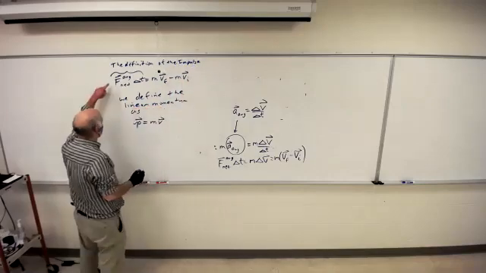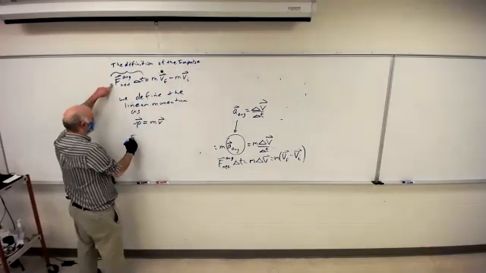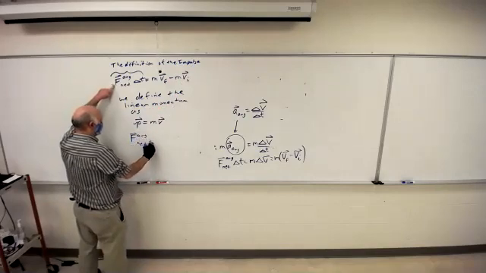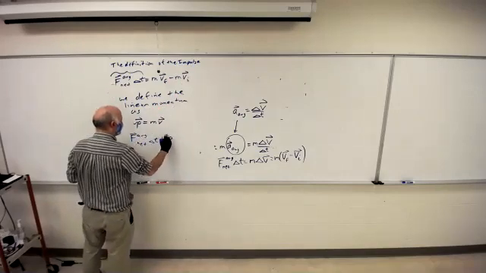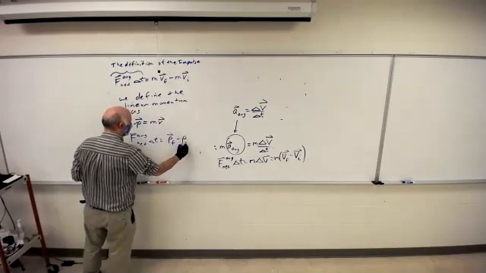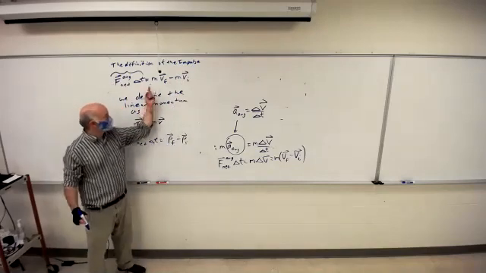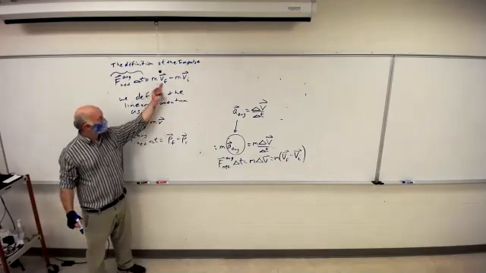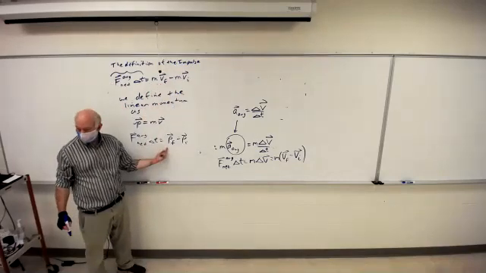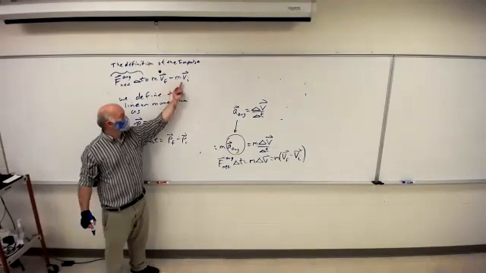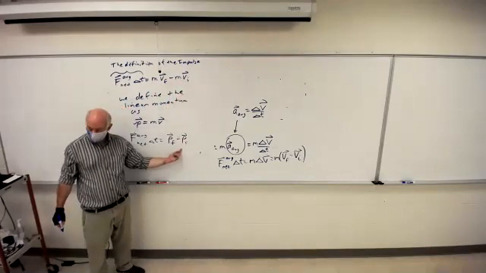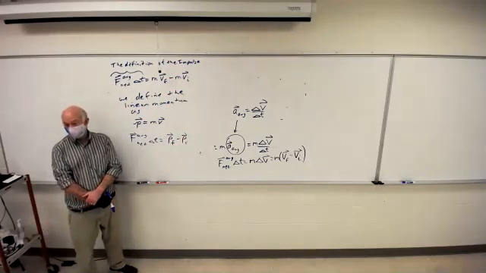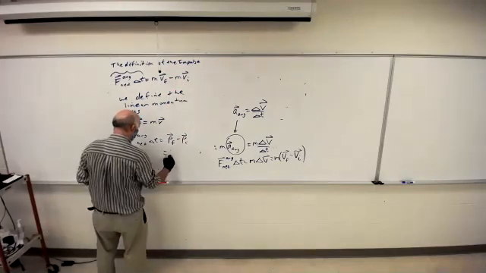So what we have here is that the impulse equals P final minus P initial, right? Because if M times V is your linear momentum, then M times V final has to be your final linear momentum, and M times V initial has to be your initial linear momentum. What is the final minus initial called? A delta. So this is your delta P.